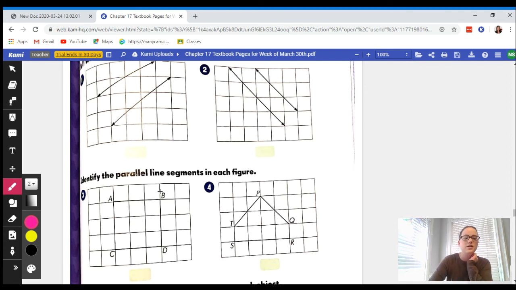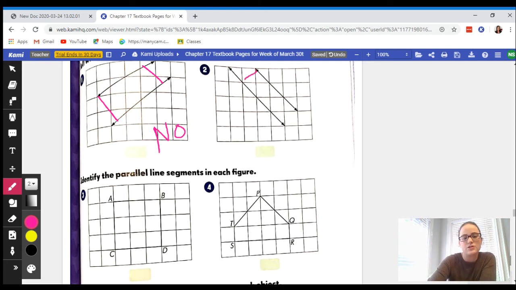All right, hit play. Let's look at number 1. Here we'll see that these are about 1 apart if you counted this part of that square and this part of that square. But over here, they're about 1.5 square units apart. So are they going to be parallel? No. What about here?